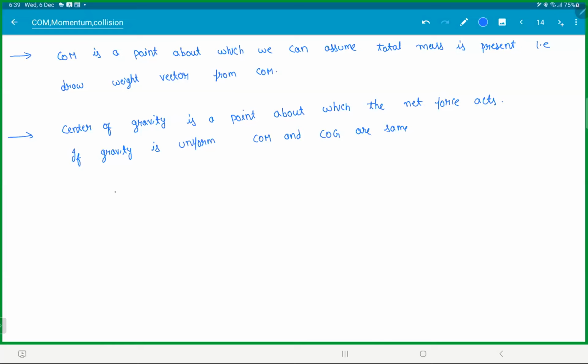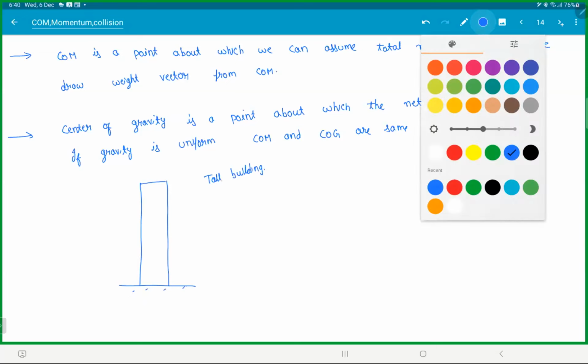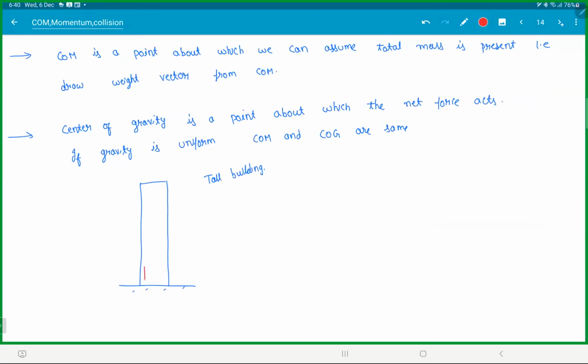The meaning, let's say if you take a very tall building, the lower floors experience more gravitational force compared to the floors on the top. There's a very small change, but yeah, it is there.